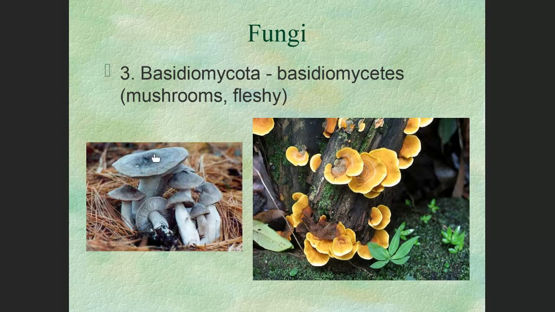So the cap is a diploid structure that's producing the spores. And if you take the stalk and dissect it apart, you'll see that it's made up of filaments. It's made up of the hyphae. So the hyphae are versatile structures that a fungus can use to create more elaborate structures.